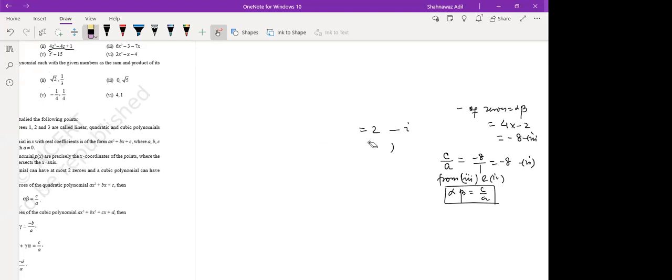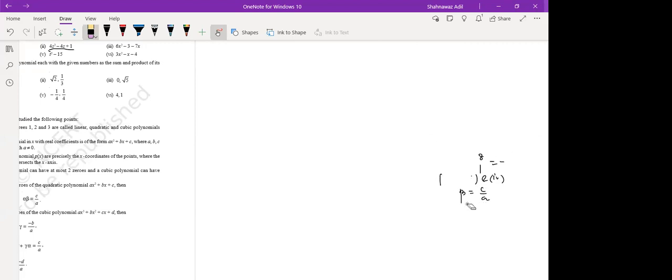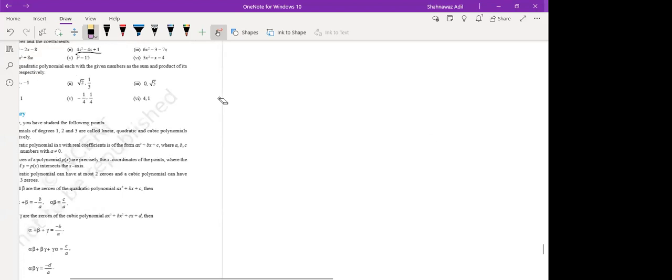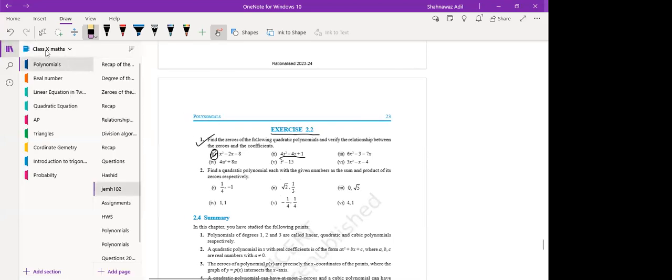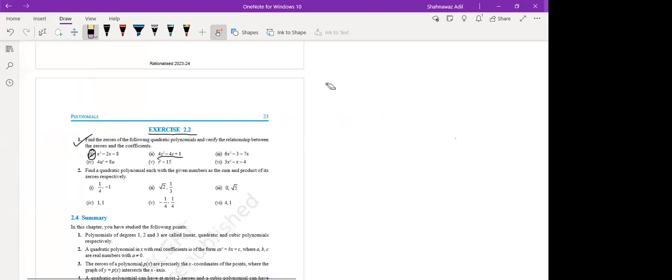Okay, so this is all about this chapter. We have done all the concepts, so we just have to solve these questions, and we'll do other questions as well. So this is the question: 4s square minus 4s plus 1 equals 0, right?